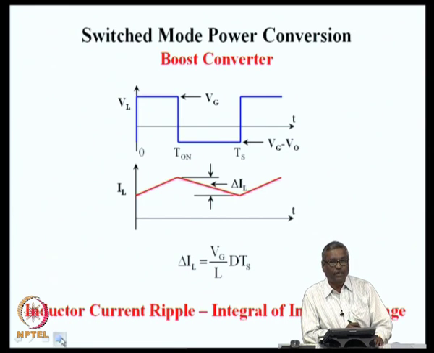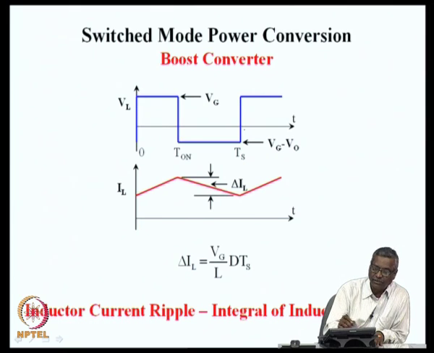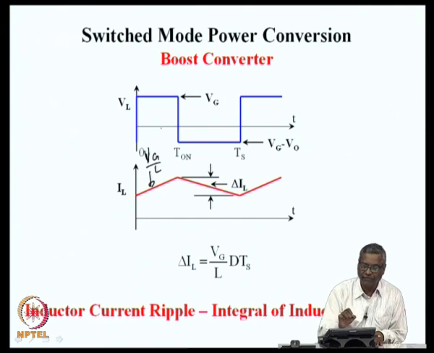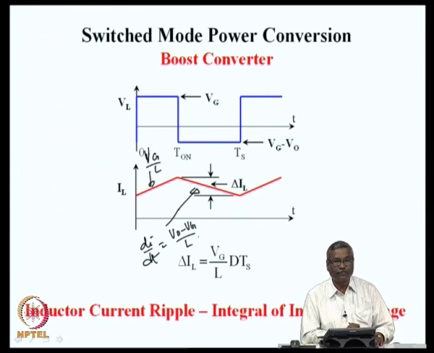What you see is the integral of the inductor voltage waveform. As expected, a steady voltage when integrated will result in a ramp. This would have a slope of Vg by L. L di by dt is Vg in the first half, and in this region the slope di by dt is V naught minus Vg divided by L, and it is a negative slope.